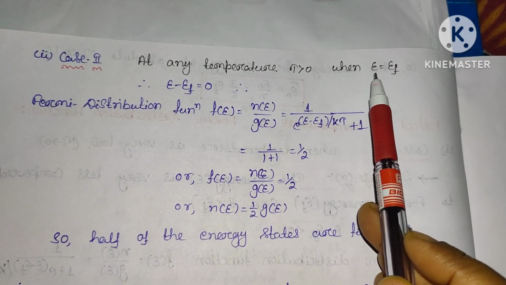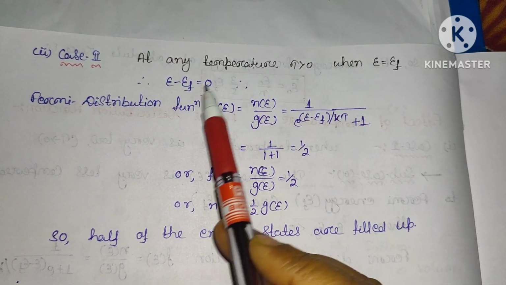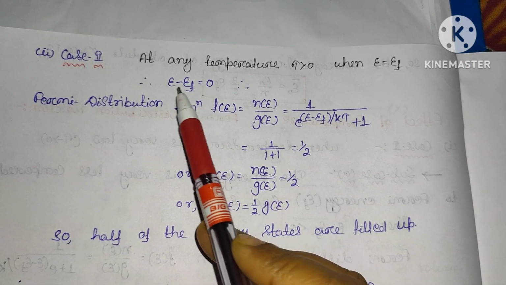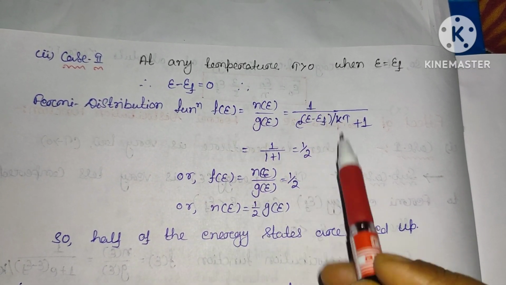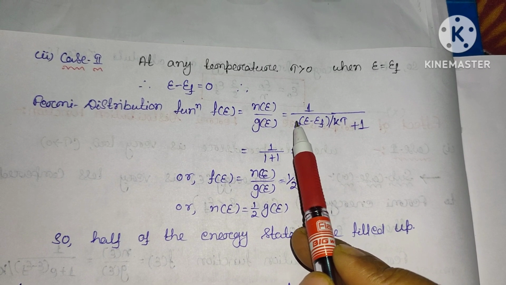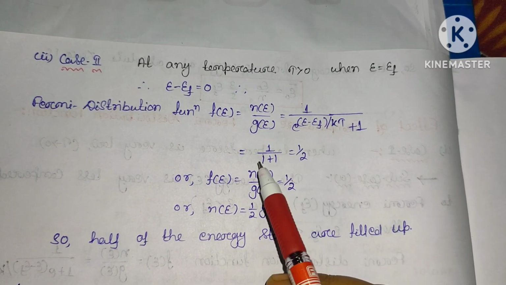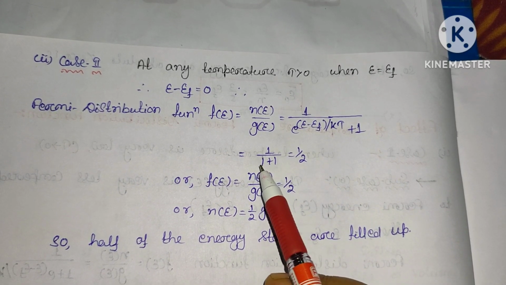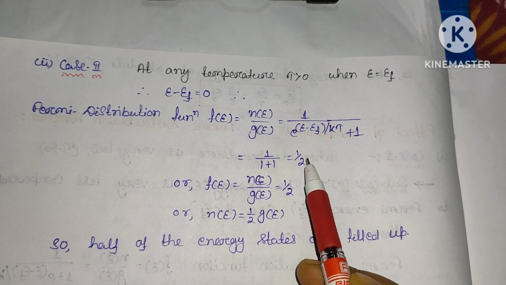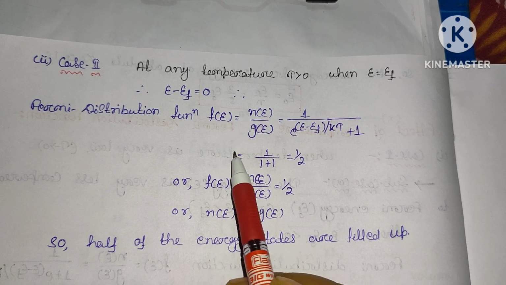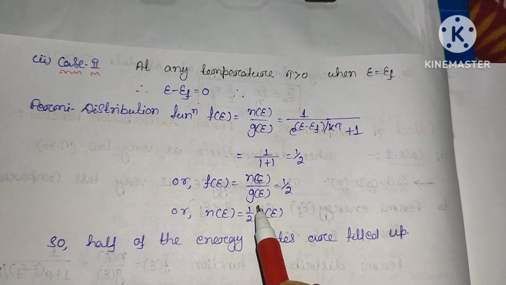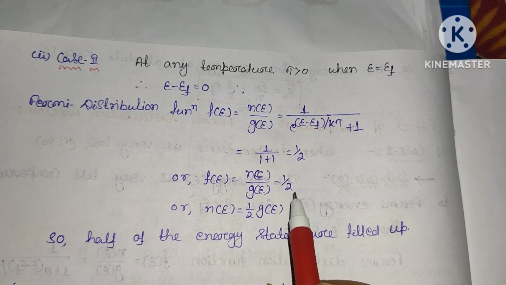Here we are considering that E minus EF equal to 0. Since E minus EF equals 0, we get exponential 0, which is 1, plus 1. 1 plus 1 is 2. So this is 1 by 2. Here f of E, equal to n of E divided by g of E, is equal to 1 by 2.